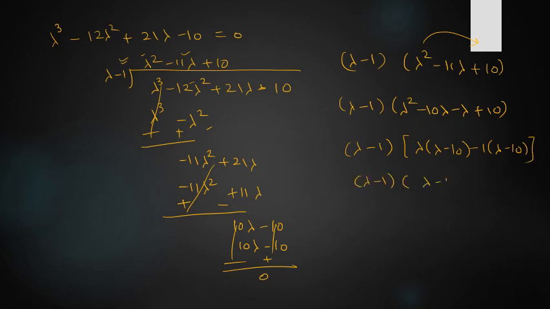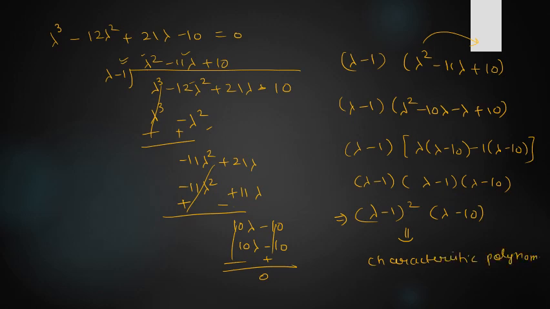So lambda minus 1, lambda minus 10, and you can say lambda minus 1 square, lambda minus 10. So this is your characteristic polynomial, right? And the equation is, if you put this as 0, then that will be the equation.